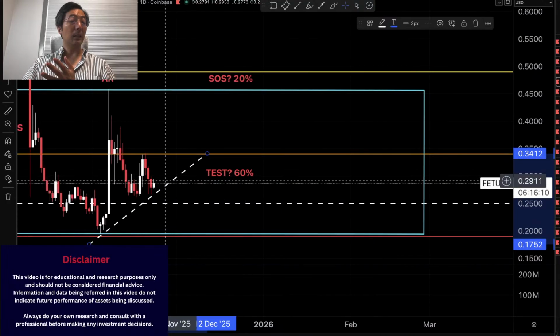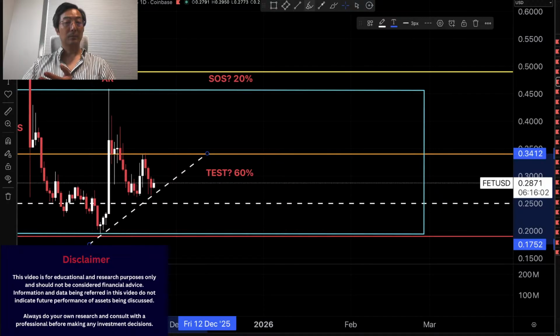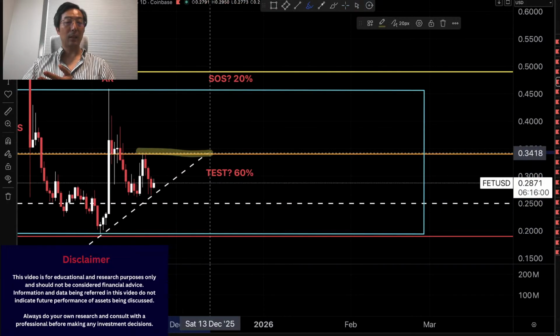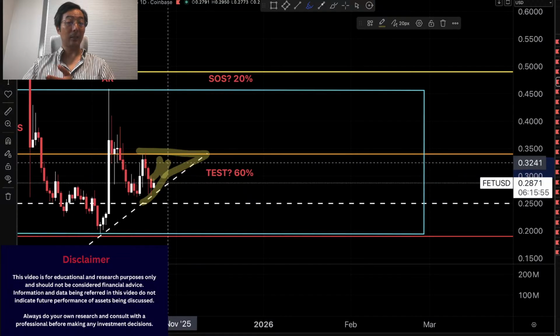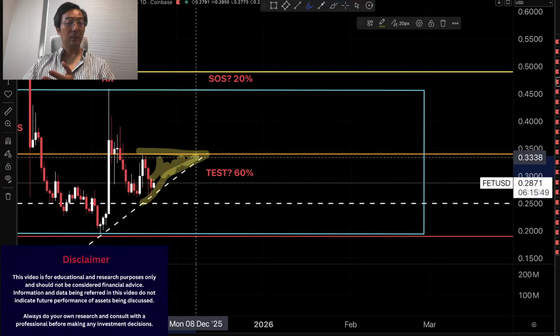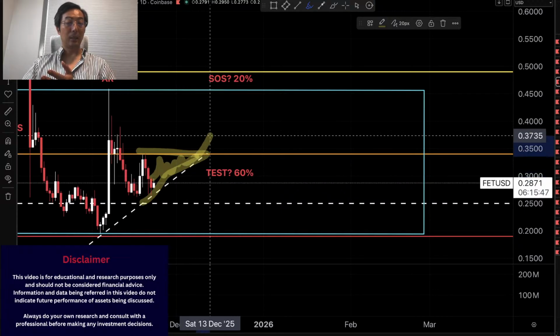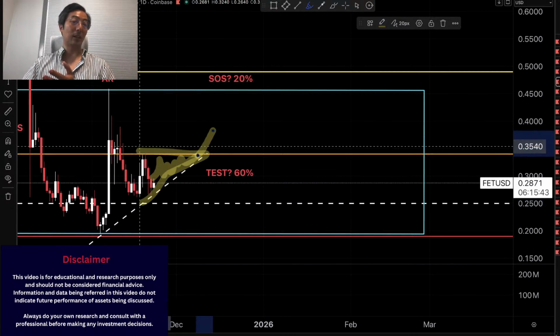If this really is going to go up, this line crosses the orange key level at around December 11th. So if this triangle has its effect, and the price continues to trade in the next 14 to 20 days along this line, then that's a breakout opportunity, and it looks like an ascending triangle in this sense.